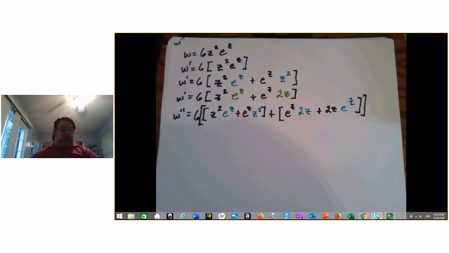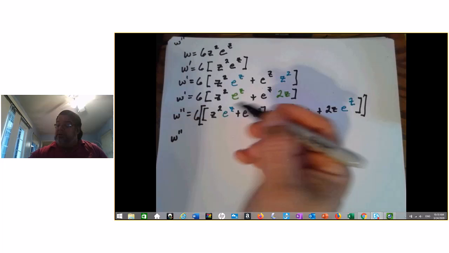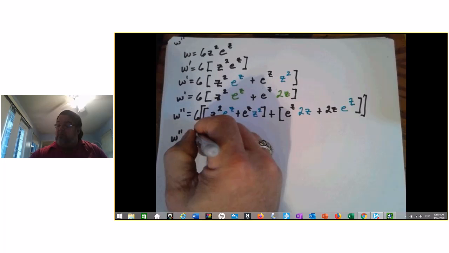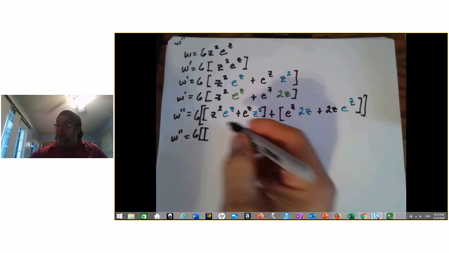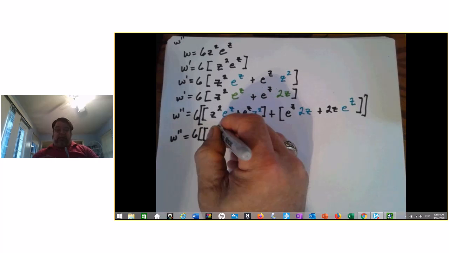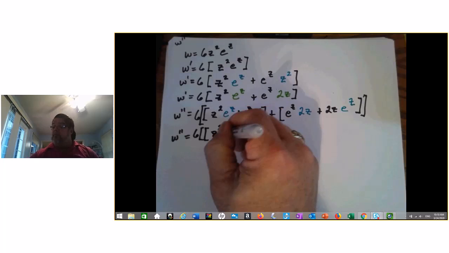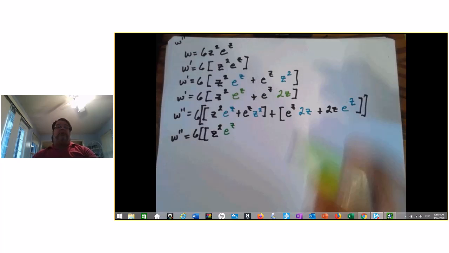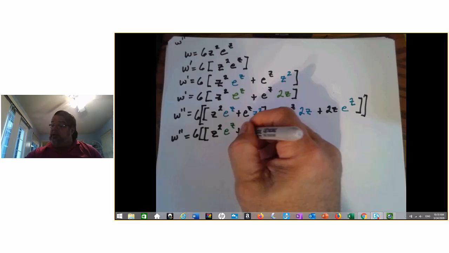And I'm going to take the derivative now. W double prime is equal to 6, bracket, bracket, z squared e to the z, plus e to the z.